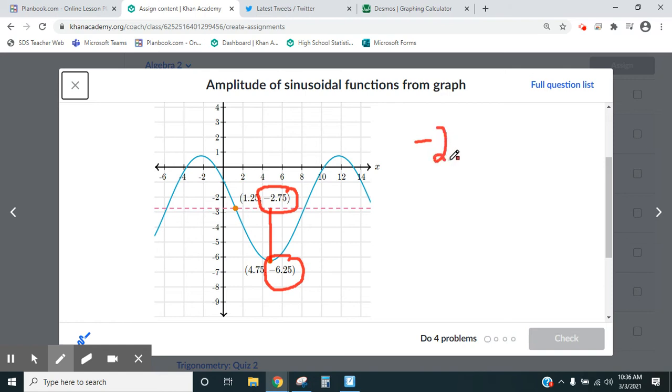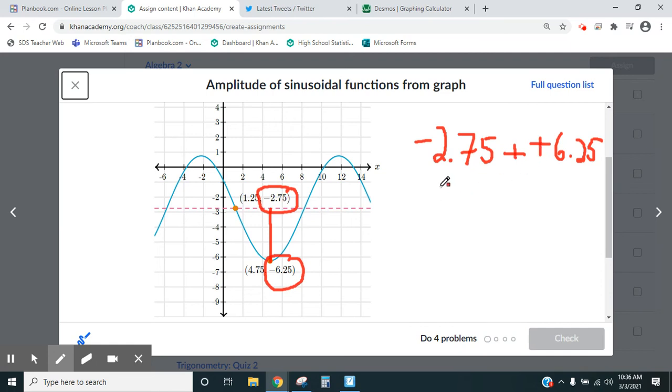Let's do negative 2.75. Let's subtract negative 6.25. If you ever do this in the opposite order, that's fine. Just make it positive. Doesn't really matter. What happens when you subtract the negative? You add it.